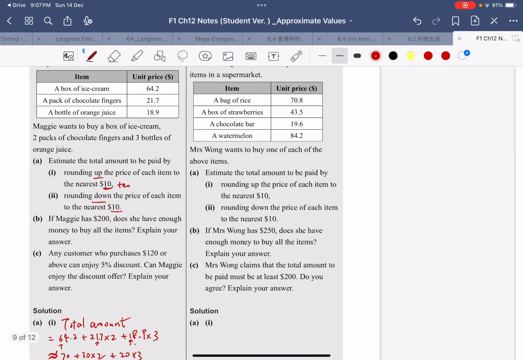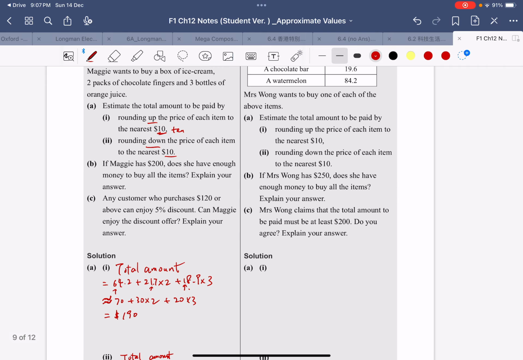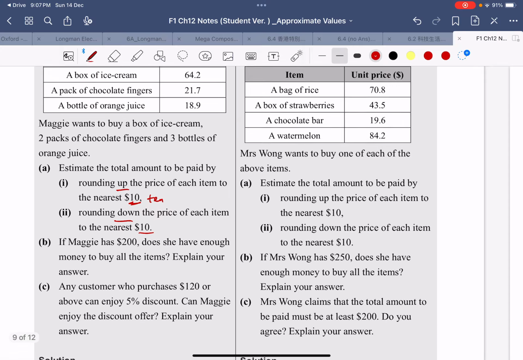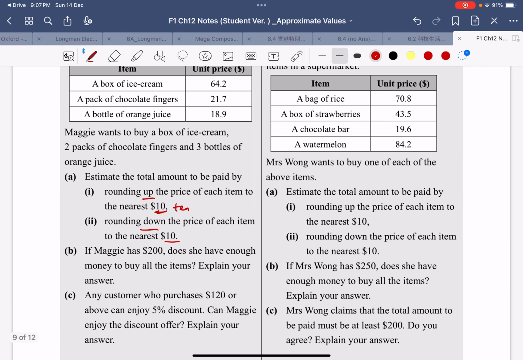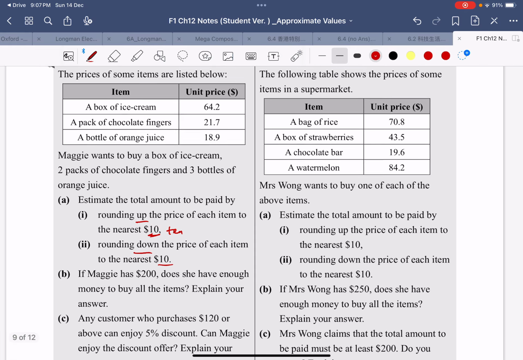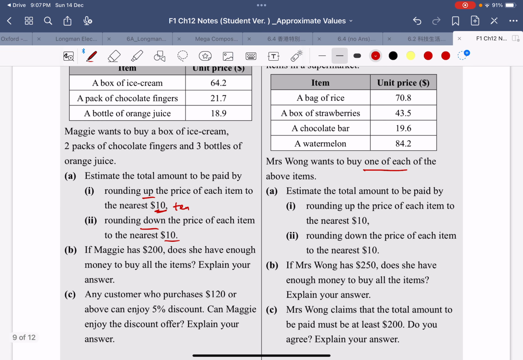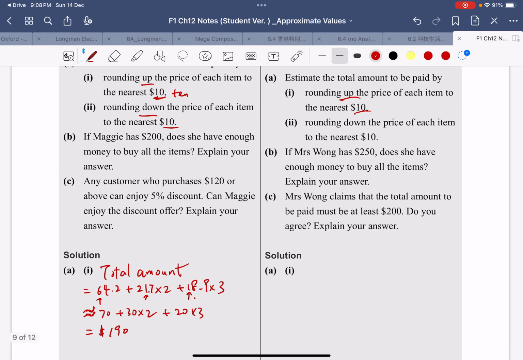Let's try first the same thing. Estimate the total amount to be paid by Mrs. Wong this time. To buy one of each item, just add up the 4 numbers here, and then round up to the nearest 10. Right.